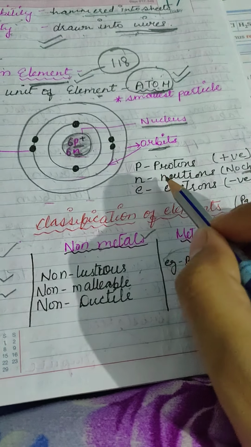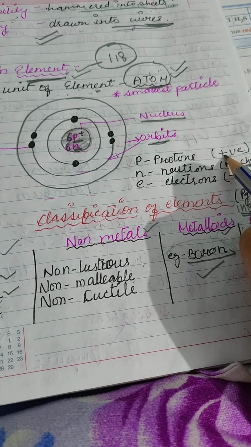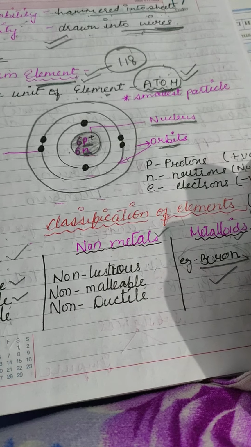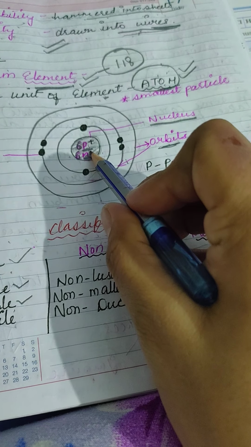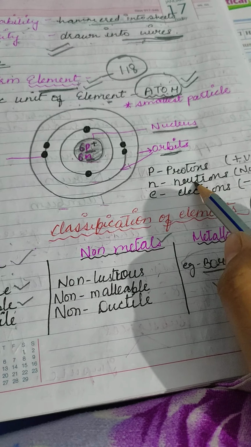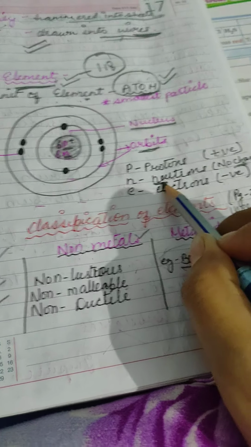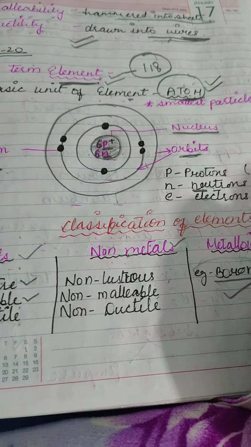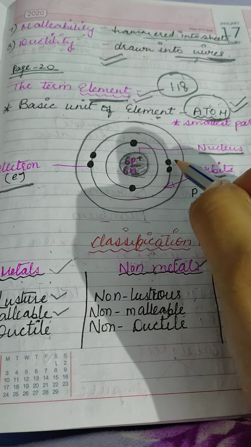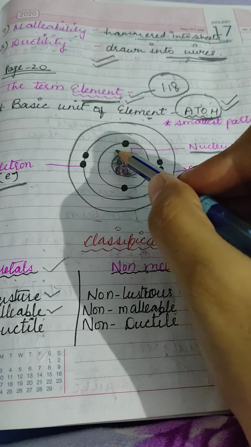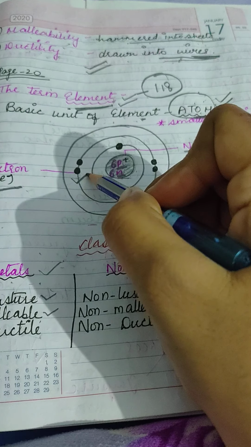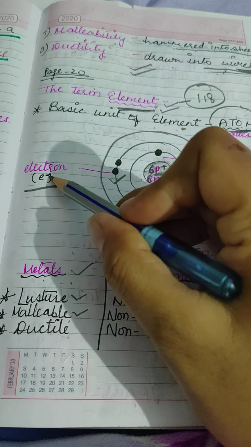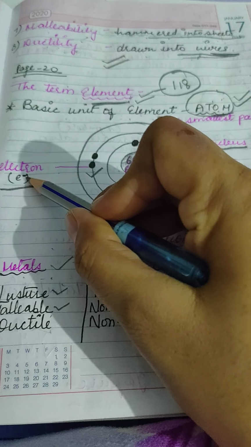P stands for protons, which are the positive charged particles inside the nucleus. N stands for neutron. They are neutral. Neutral means they don't have any charge on them. And around the nucleus, these dotted structures, as you can see, these are the electrons, which are negative charge.